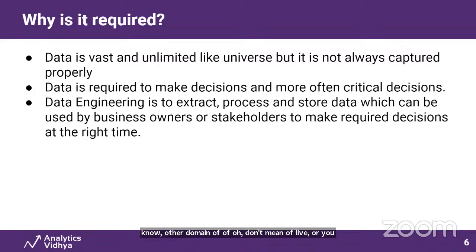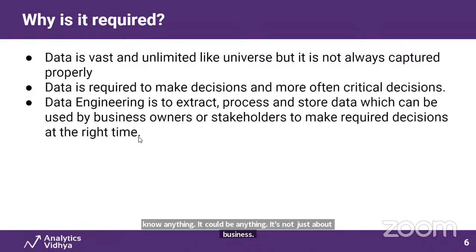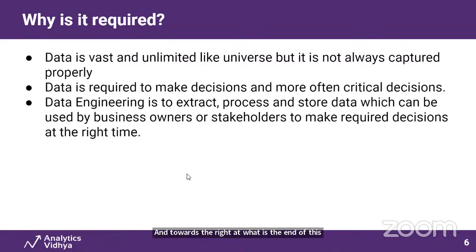And towards the end of this line, we see required decisions at the right time. What does this mean? There is one activity: you extract the data, you process it, and then you store it for business users or business owners to make the right decisions. But those decisions have to be made at the right time.